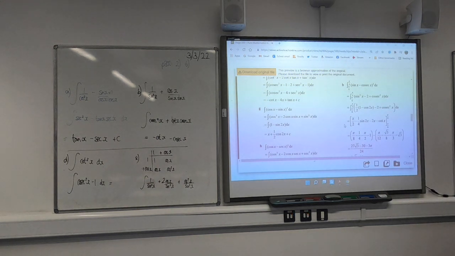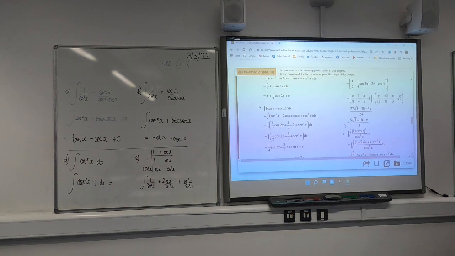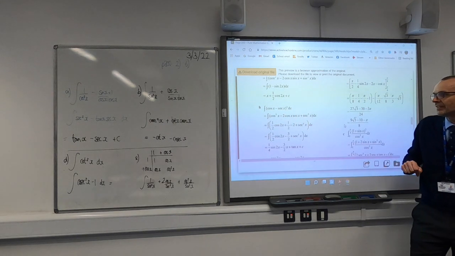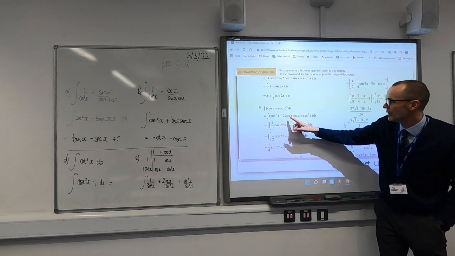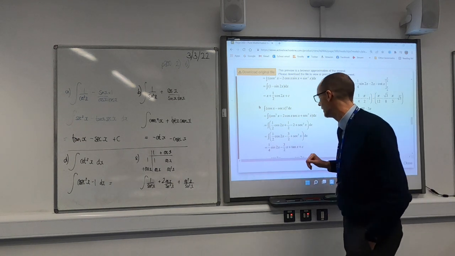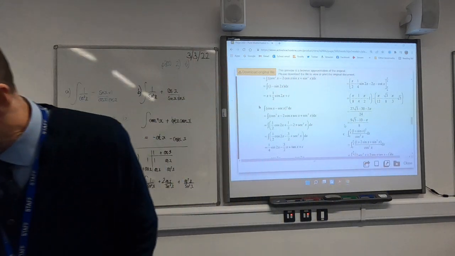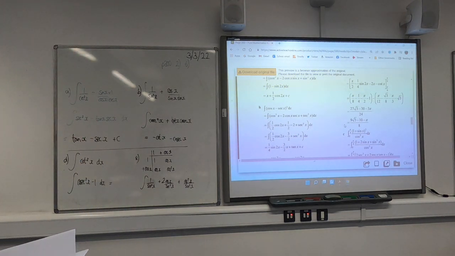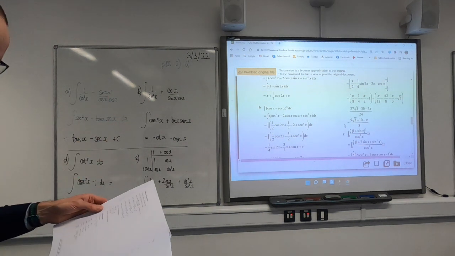And with H, if you multiplied out the bracket, you got cos squared, you got 2 cos x sec x, and you got sec squared. Cos squared we know how to integrate, and sec squared we know how to integrate.